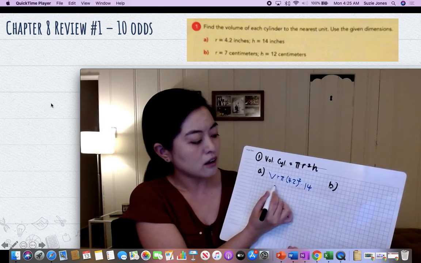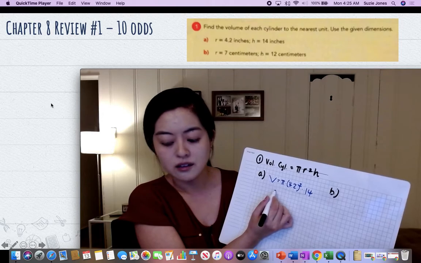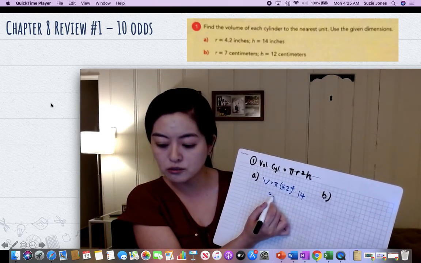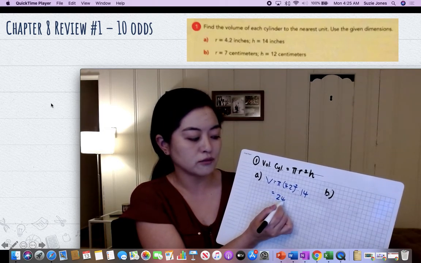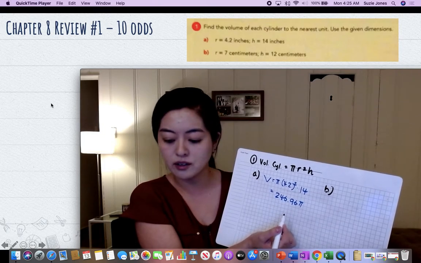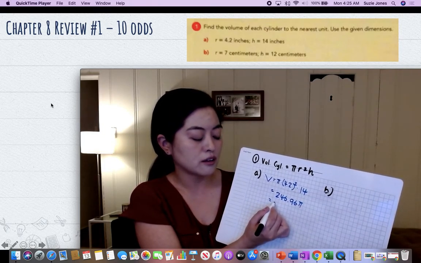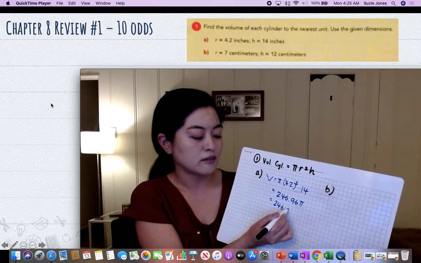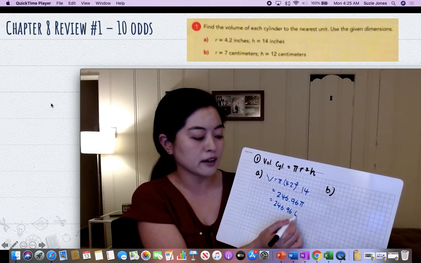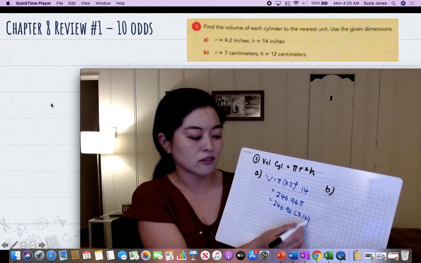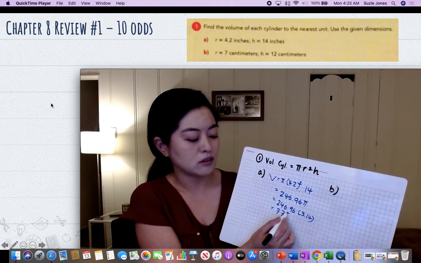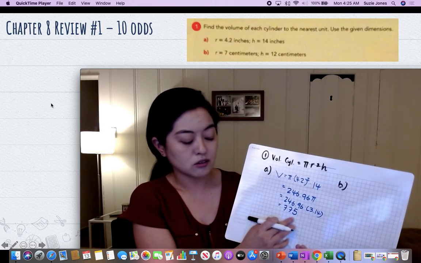Okay, and then if you just do this on your calculator, it'll become 246.96 pi. Okay, and if we put 3.14 as an approximation for pi, it's going to round to this whole number.